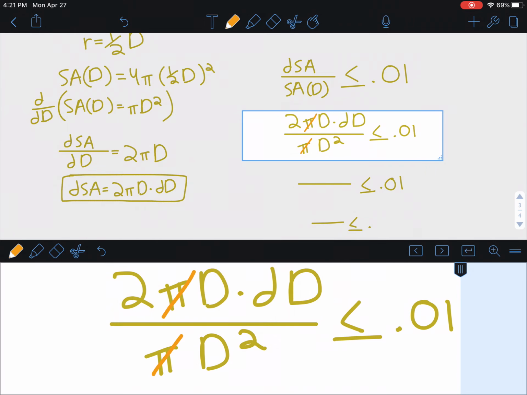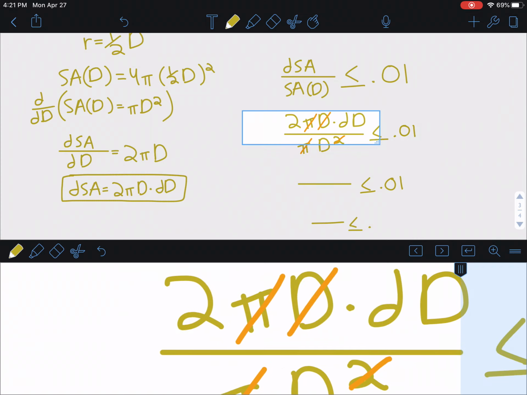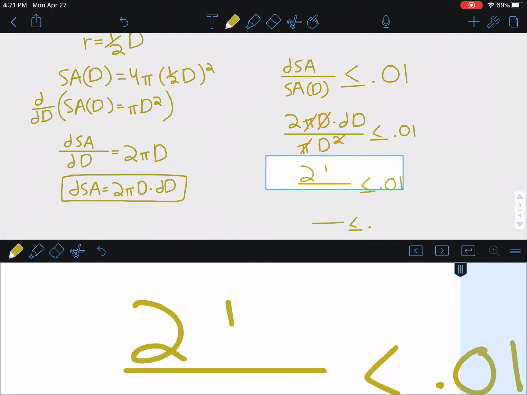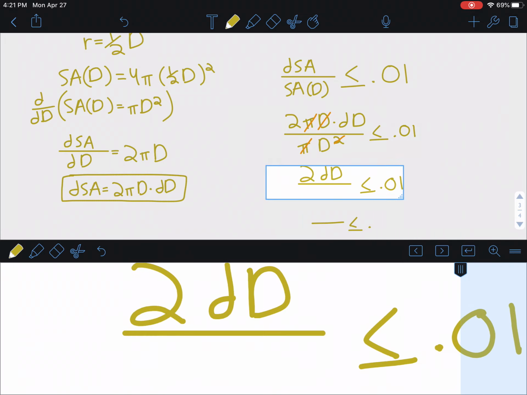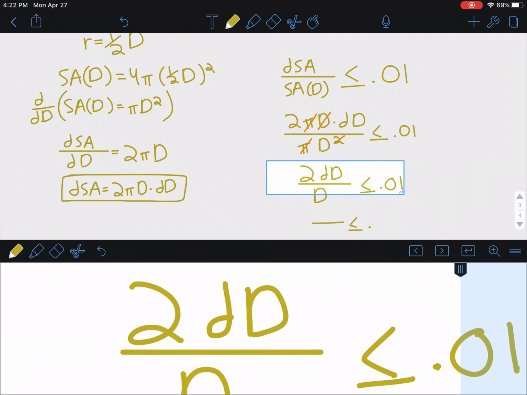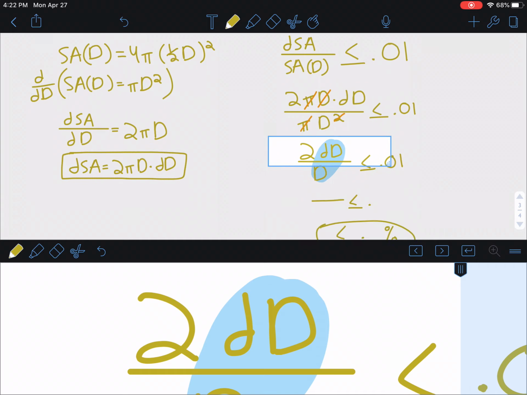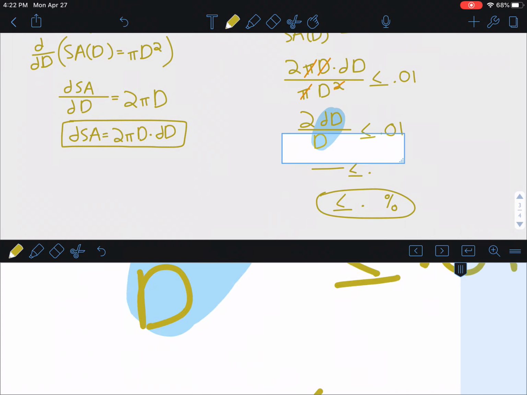And now start canceling things out. Pi's go away. D cancels, leaves me with a d in the denominator. And so now I get 2 times the differential of the diameter over the diameter, which is less than or equal to 0.01. I want to know how accurately I should measure the diameter, so I want its percent error. So I want the differential of the diameter over the diameter by itself.